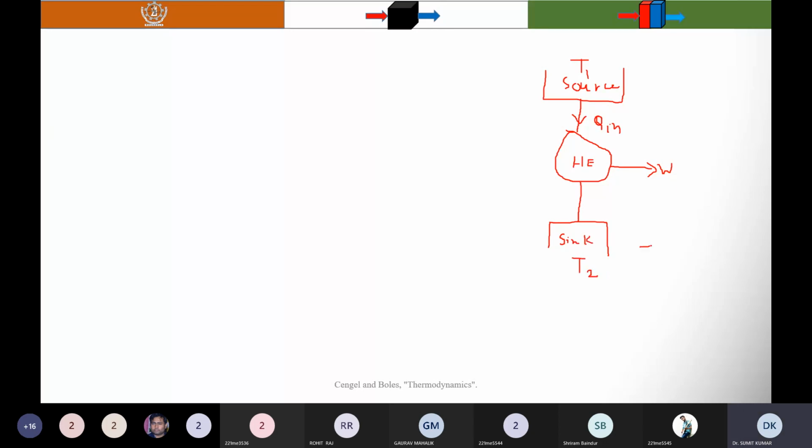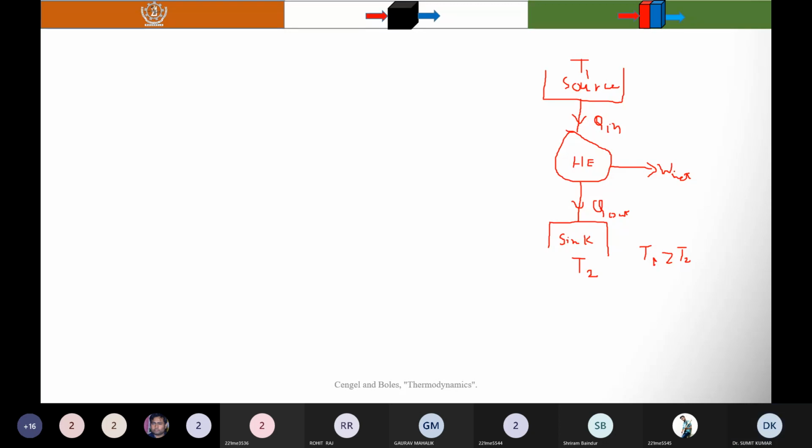Here I assume T1 is greater than T2. The device supplies energy to the sink as Q out or Q2, and the net work produced by this device is W net.